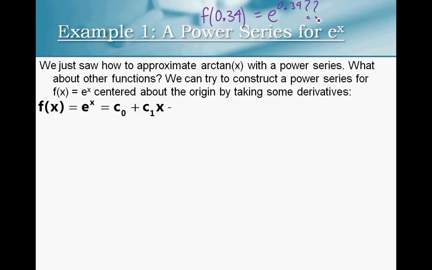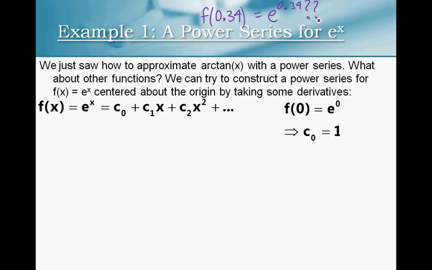So first of all, let's suppose that e to the x does have a power series. So f of x equals e to the x equals c0 plus c1 times x plus c2 times x squared plus dot dot dot, where c1, c2, c3 and so on are some constants. We just don't know yet what those constants are.